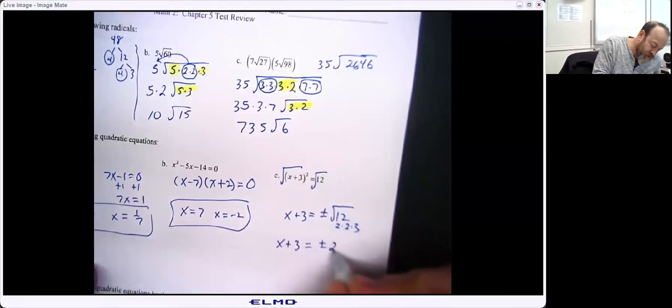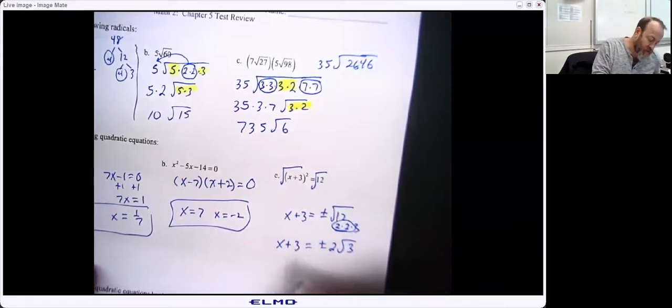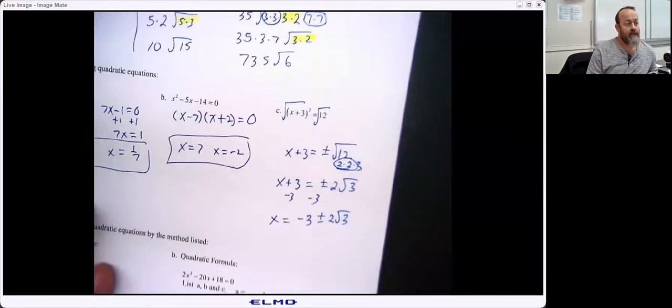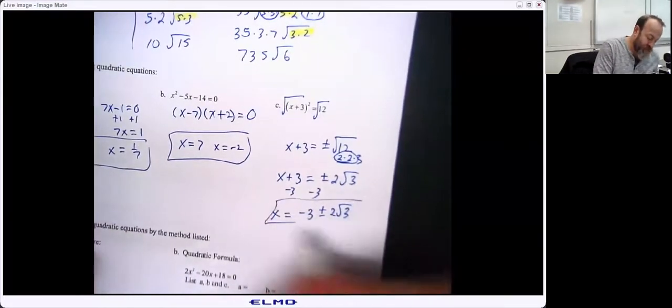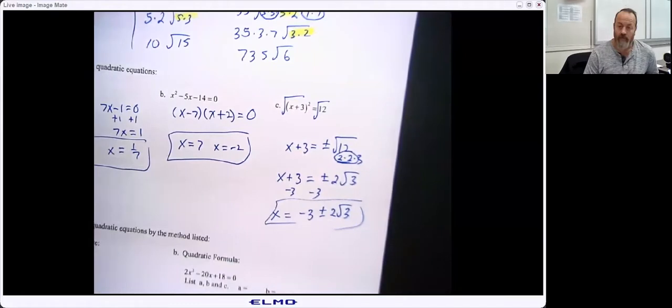That's plus or minus 2 square roots of 3, because keep in mind we had our pair of 2's. And so if we were to subtract 3 from both sides, we usually put the 3 in front because this root part, we kind of put the ugly part at the end. So -3 plus or minus 2 roots of 3. That's not too hard to do.